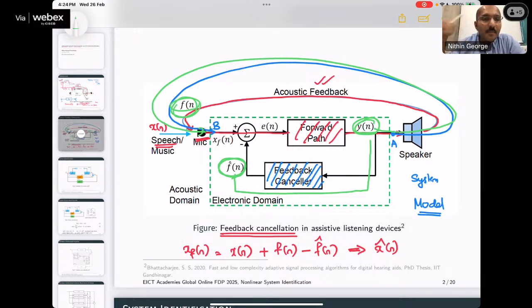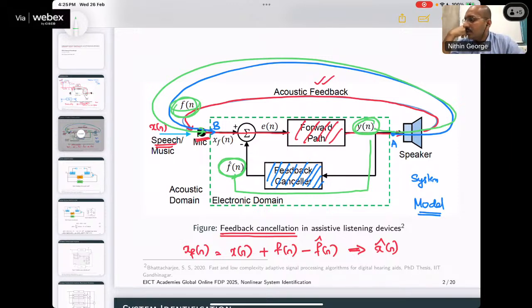Means if the upper path has been modeled effectively by the lower path, then theoretically I will be able to have a cancellation of f of n and f cap of n, and reduce the acoustic feedback. So the person using the hearing aid will be able to use it at a higher amplitude level and still listen properly without any feedback, because whatever feedback is going to come is going to be cancelled by this internal feedback cancellation system.